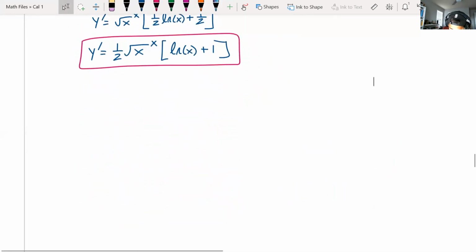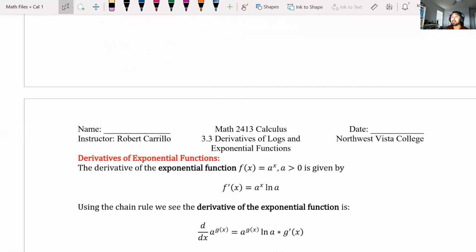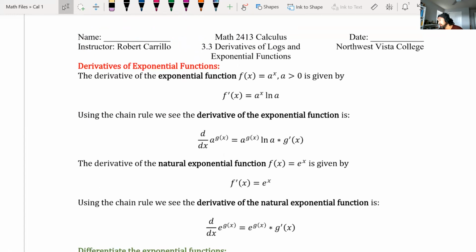All right, so now that finishes derivatives of logs, which means now we have the derivative of exponential functions. So the derivative of the exponential function a to the x, where the base a is greater than 0, is a to the x times the natural log of a.